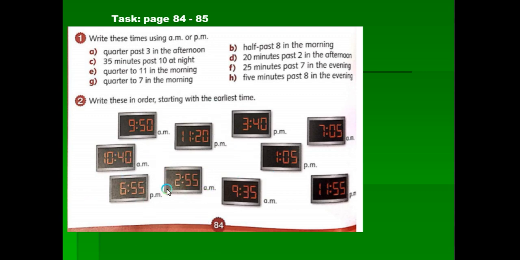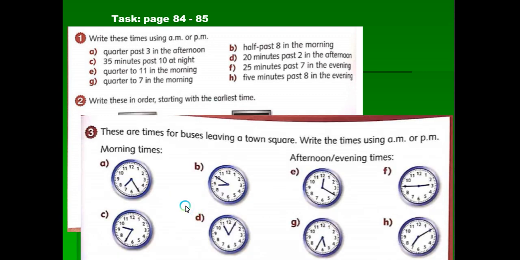okay, you can check that out yourself. All right, now let's see. This is the morning time and this is the afternoon. A, B, C, D is the morning, and the afternoon, evening is the PM. These are times for buses leaving a square. So you're going to write the time using AM or PM.